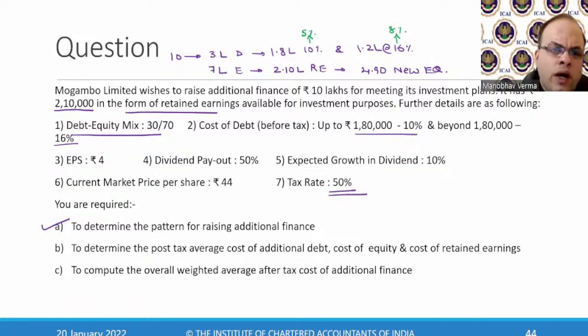So we could do an average cost also. So average cost would be 60% into 5 and 40% into 8. It seems to be 6.2% is my cost of additional debt.